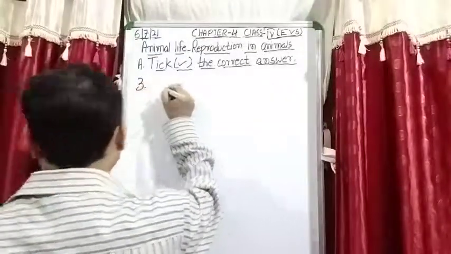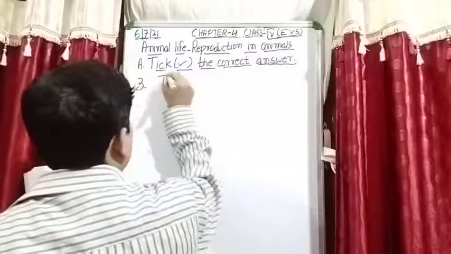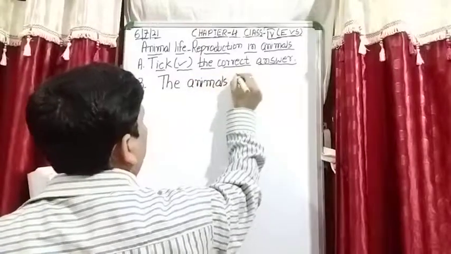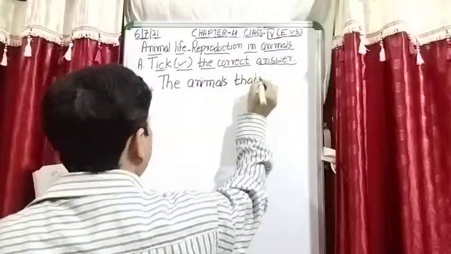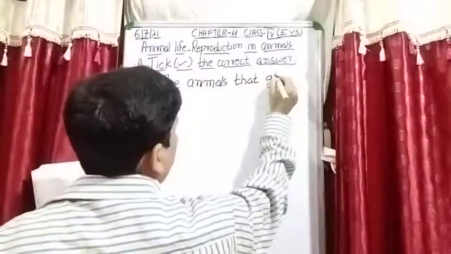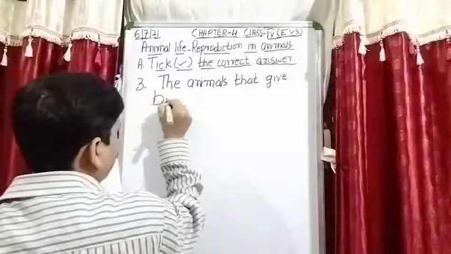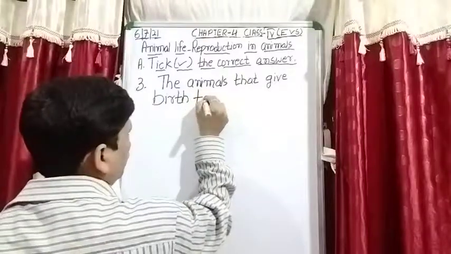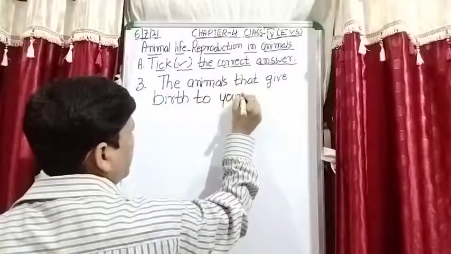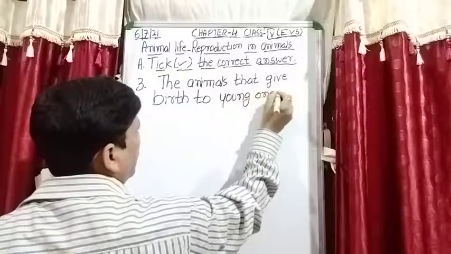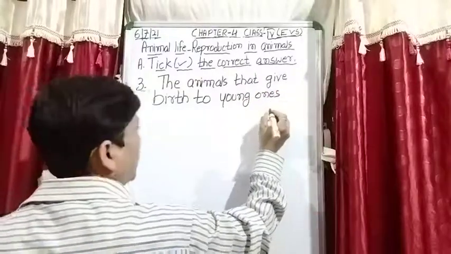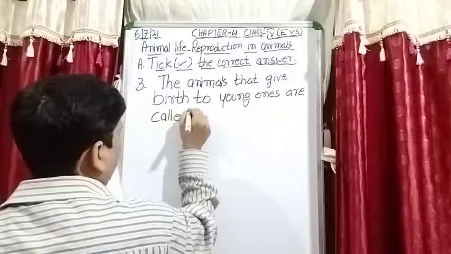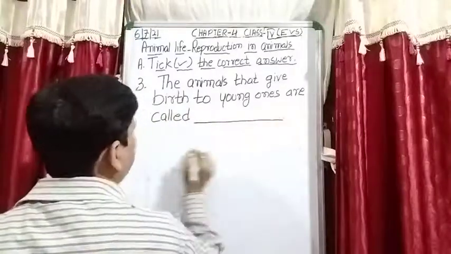Question number 3. The animals that give birth to young ones are called dash.